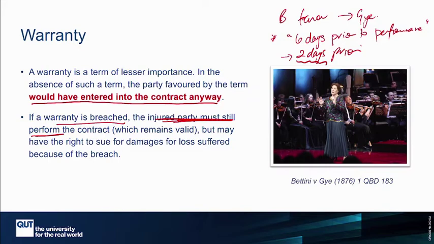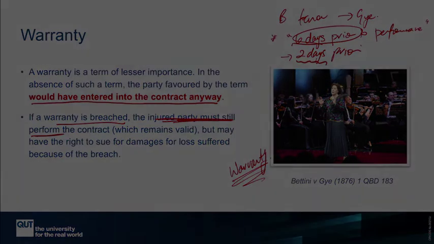And in this case, the court said, look, if he hadn't turned up to perform, that would have clearly been a breach of condition because that's what you were really paying him to do. Turning up in advance, 2 days versus 6 days, in this case, that was a warranty. Right? Because you would have got him in to perform even with fewer days to warm up is what they found. So therefore, this was a breach of warranty and Guy couldn't actually get out of the contract, okay, because it was a breach of warranty. It was a lesser condition. Guy would have entered the contract with Bettini with or without this 6 days prior.